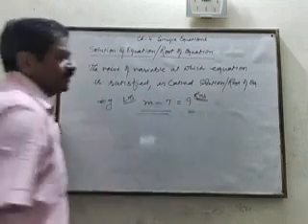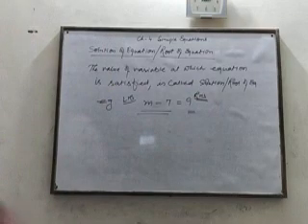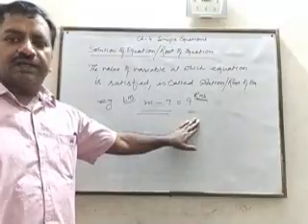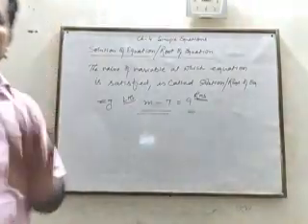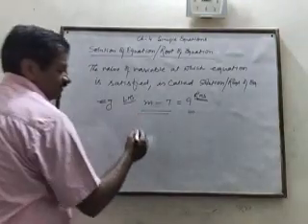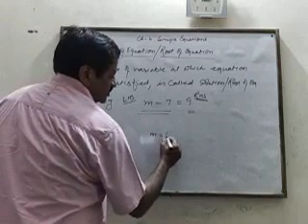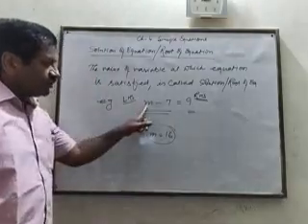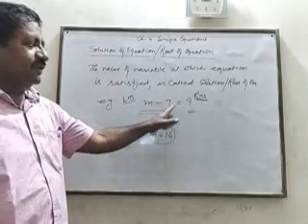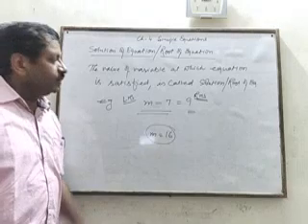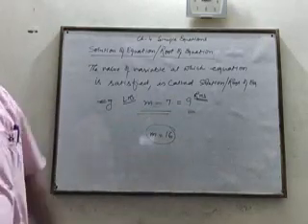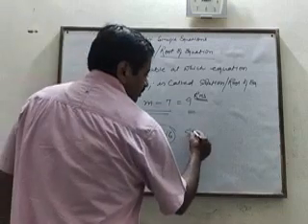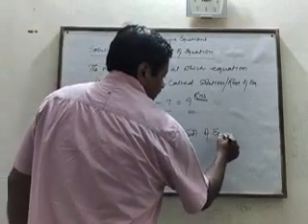So satisfying the equation means the value of the variable at which the left hand side becomes equal to the right hand side is called the solution of the equation. Like we can see that if I put m equal to 16 here, 16 minus 7 will be equal to 9. So the left hand side becomes equal to the right hand side. So m equal to 16 is the solution of the equation.